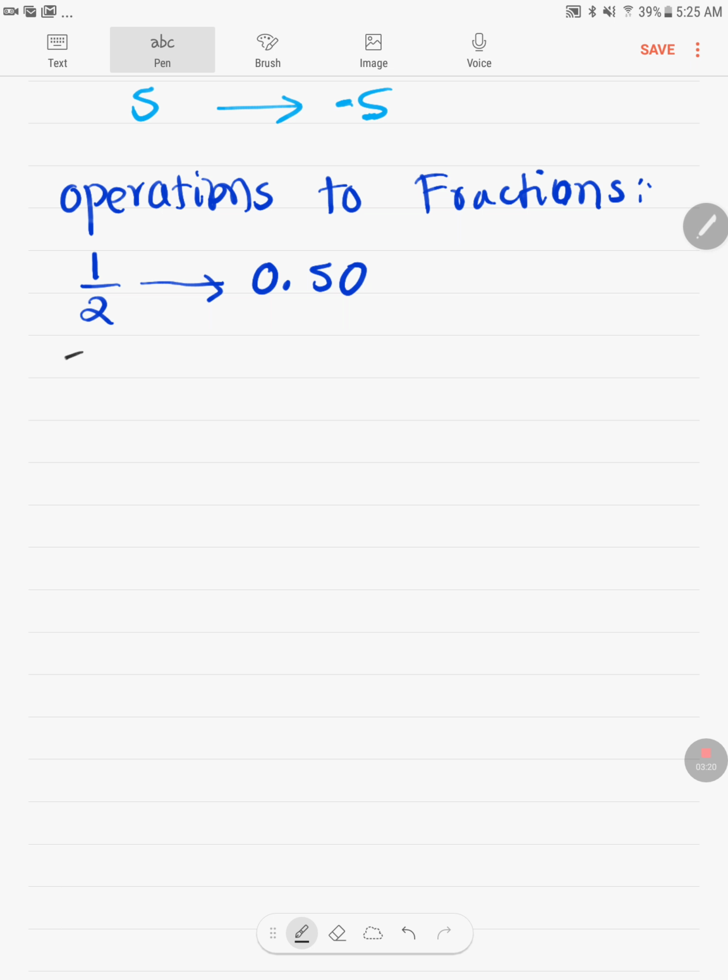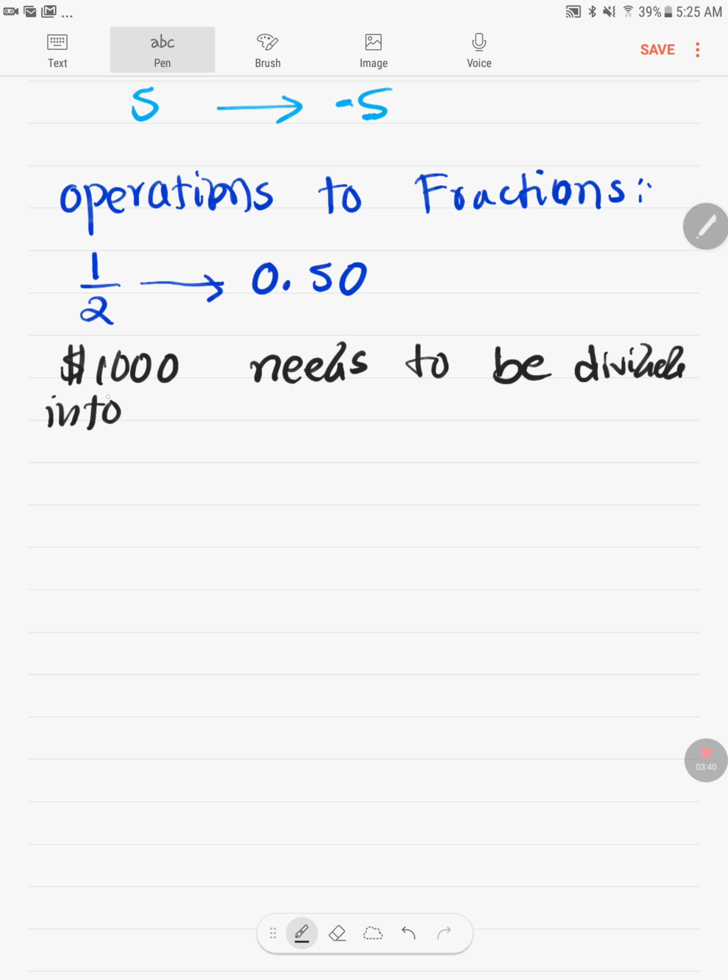So we have $1,000 that needs to be divided into 10 parts for 10 people.